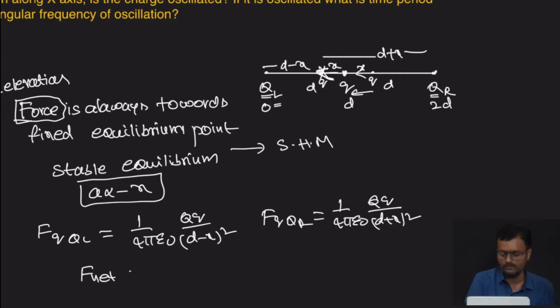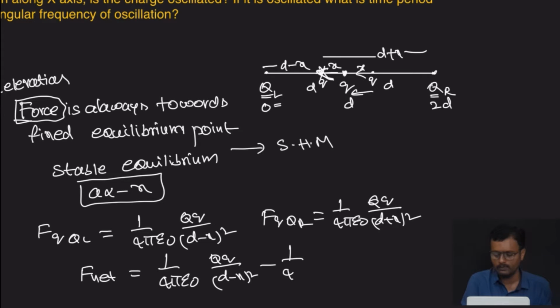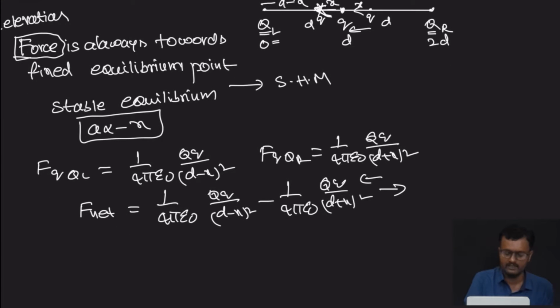F net is equal to 1 by 4 pi epsilon naught Qq by d minus x whole square minus 1 by 4 pi epsilon naught Qq by d plus x whole square, because these two forces are in opposite directions. So here we get the minus, and the direction of this force is towards this. So this direction is positive and that direction is negative. So we get F net is negative.